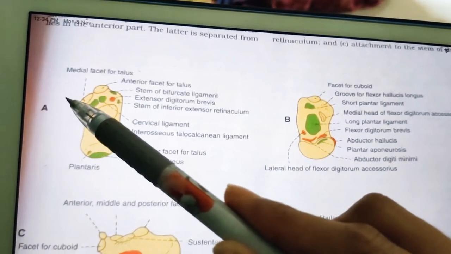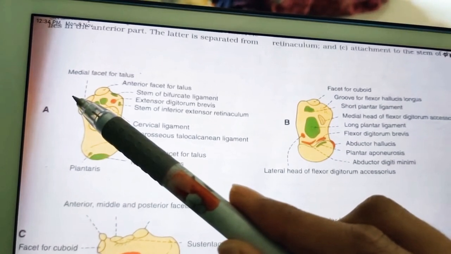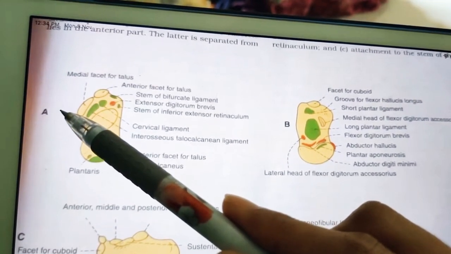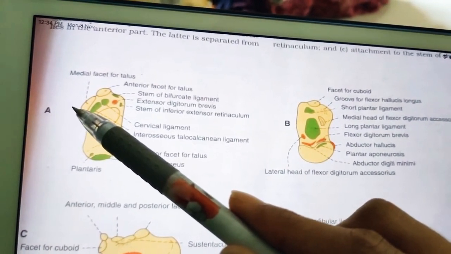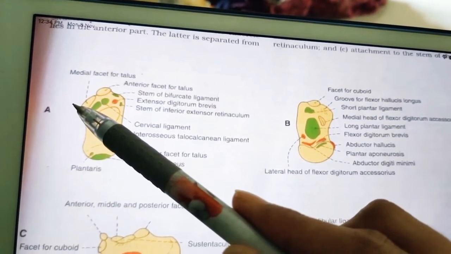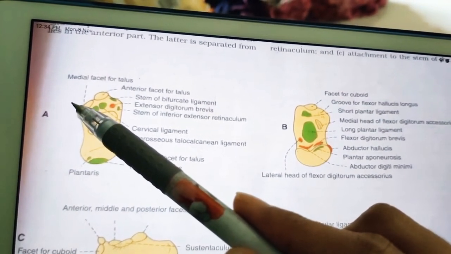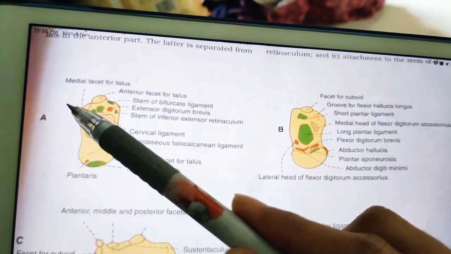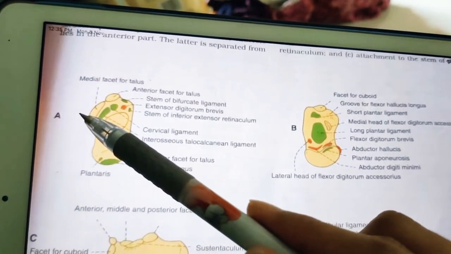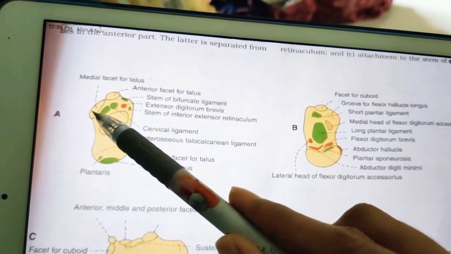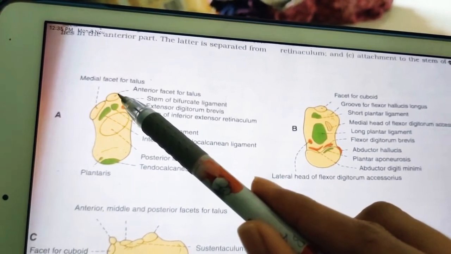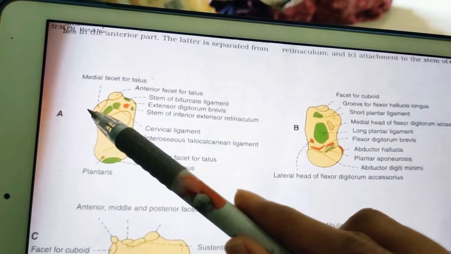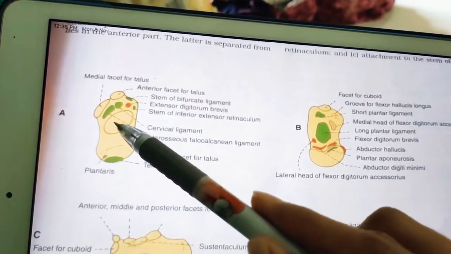So the articular part is in the form of an elongated facet, which is present on the sustentaculum tali. So on the medial side, always remember there is the sustentaculum tali. And the facet which articulates with the talus may be subdivided into two facets, anterior and middle. So actually, if you see the facets for talus, there are an anterior facet, a medial facet, and also a posterior facet for talus.